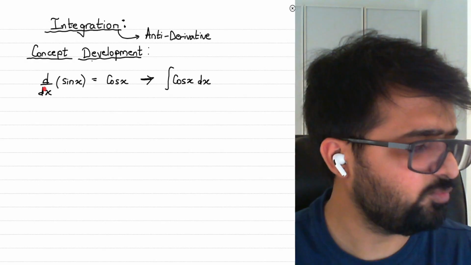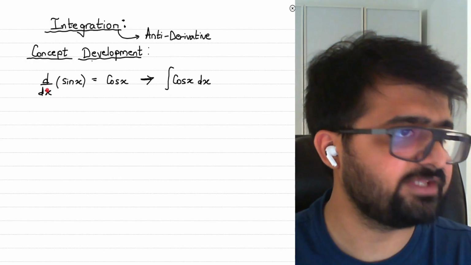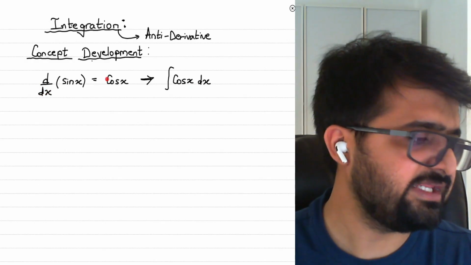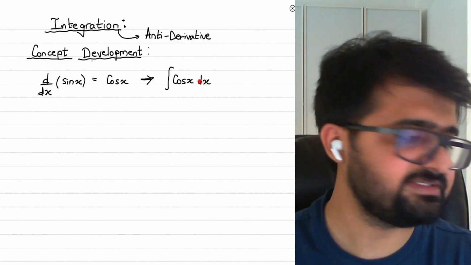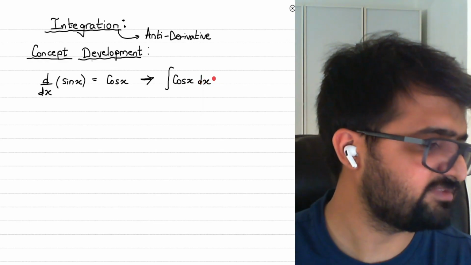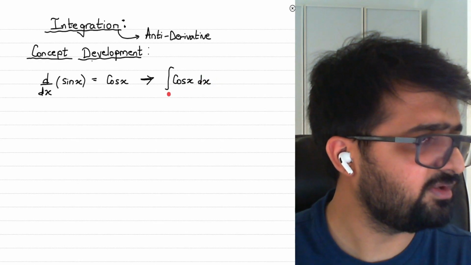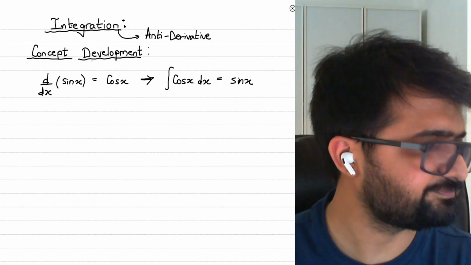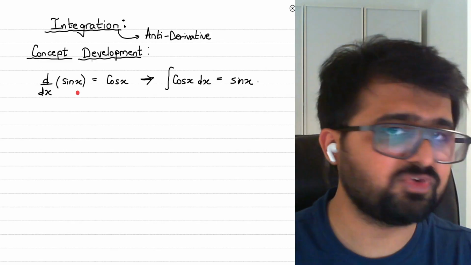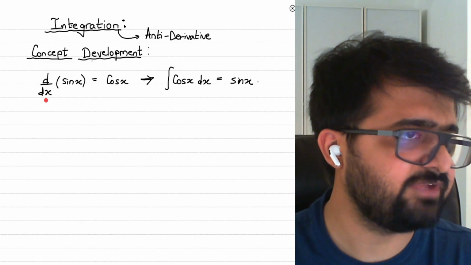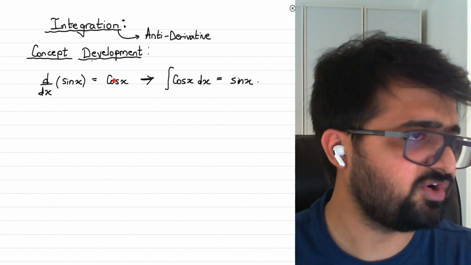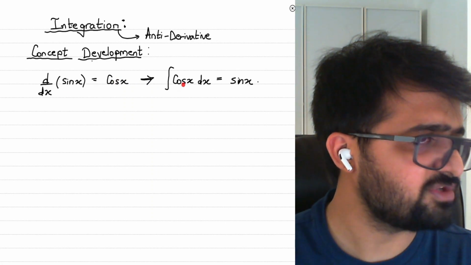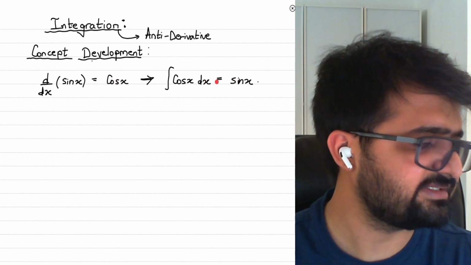In derivative, we divide by dx to say this is with respect to x. In integral, we multiply that dx to say that we are integrating with respect to x. Integral of cos x with respect to x is sin x. It's exact opposite of derivatives. If derivative of sin x is cos x, integral of cos x dx is sin x.